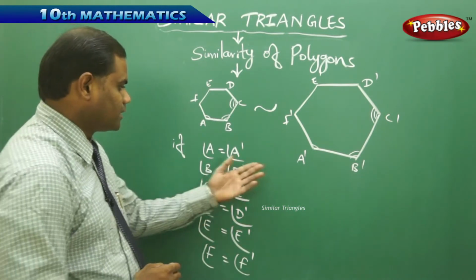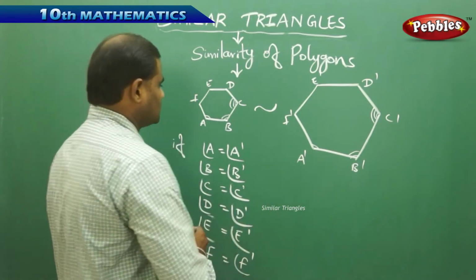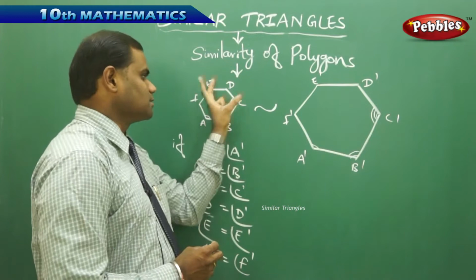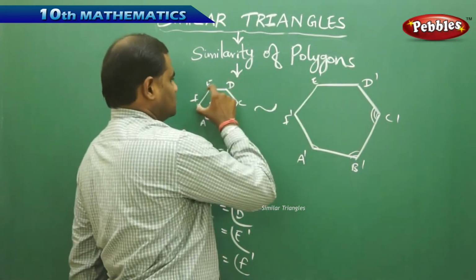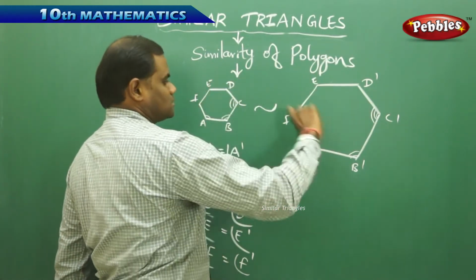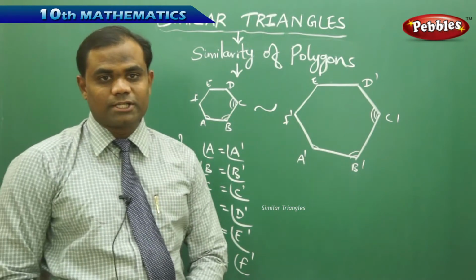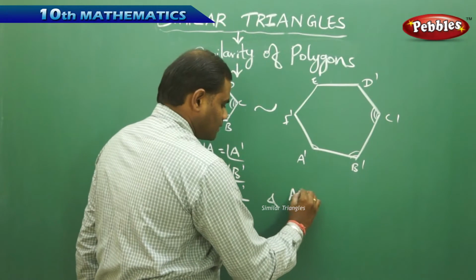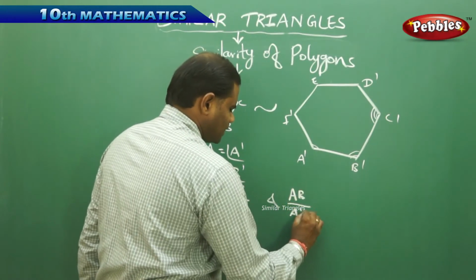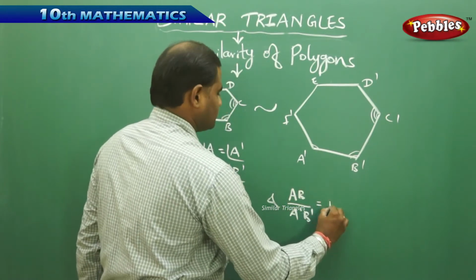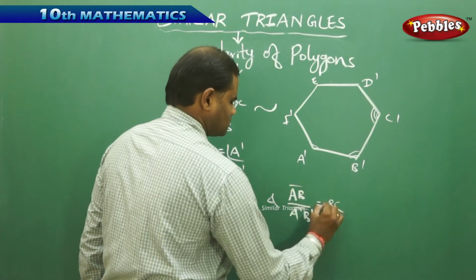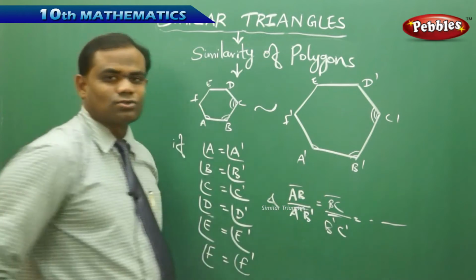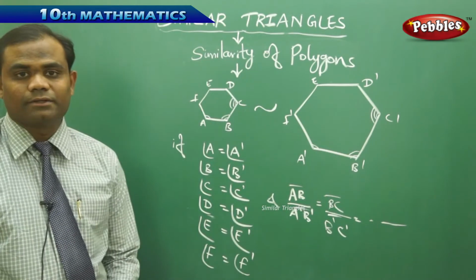Same way, if I take the corresponding sides, then AB by A dash B dash will be equal to BC by B dash C dash, and so on, this by this, this by this. So there will be totally 6 ratios which I obtain in this case, AB by A dash B dash, and then BC by B dash C dash, and so on and so forth. 6 times getting the ratio.